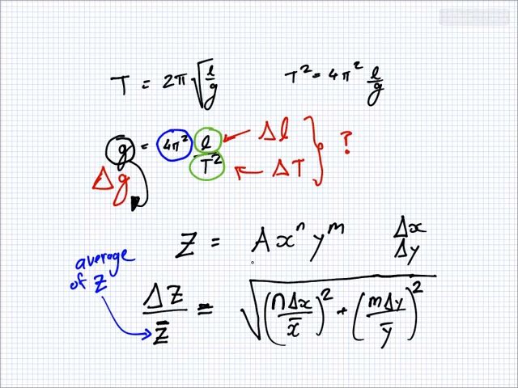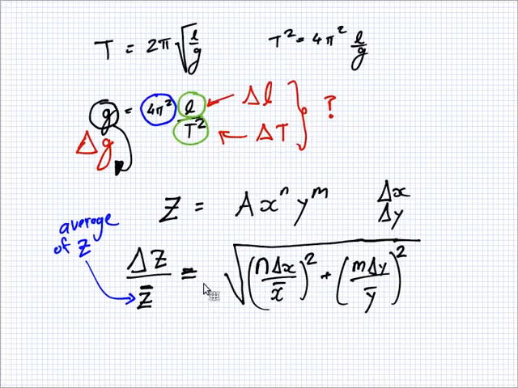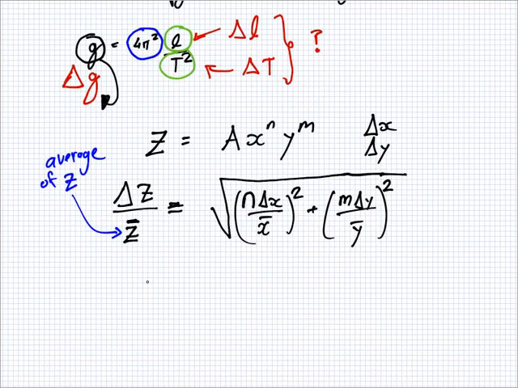So for example, if I go back to my G formula, I have G equals 4 pi squared L T to the power minus 2.